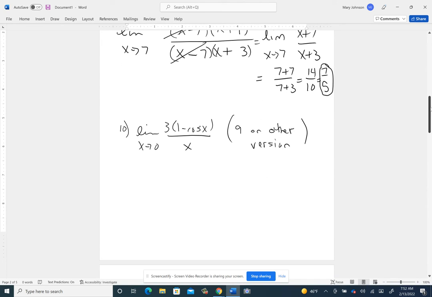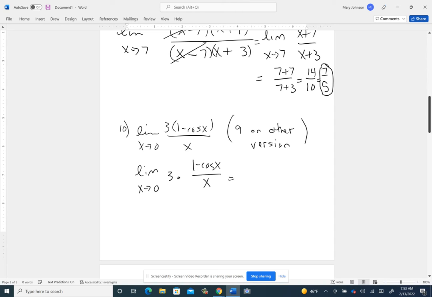Now, that was one of those 3 special things that you needed to remember, like the limit of sine x over x as x approached 0 was 1. And then this was the other special one in there. So this is the same as that.